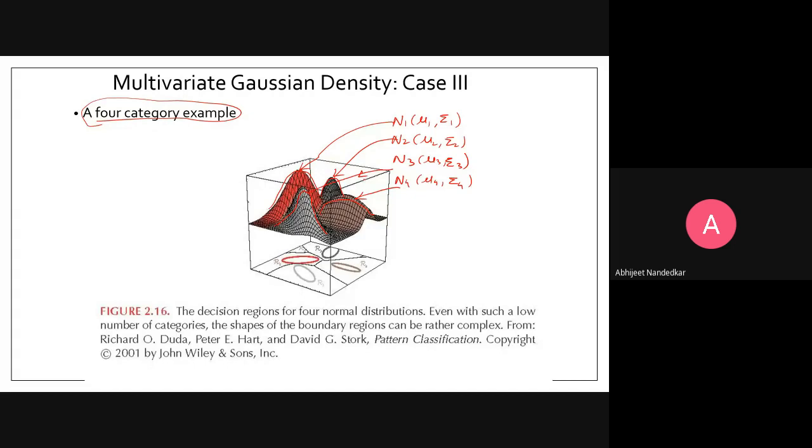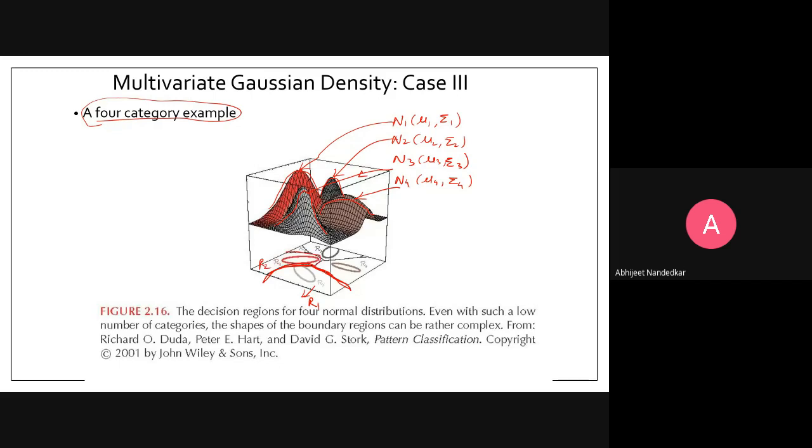Now when I take the Bayes rule for decision, you will see at the bottom the region formed due to the intersection of different curves. This side is shown as region 1, and this is region 2.